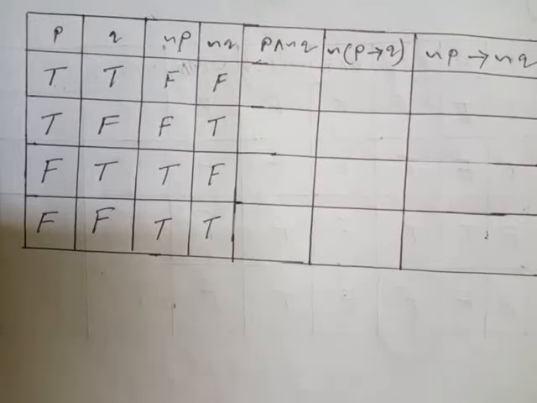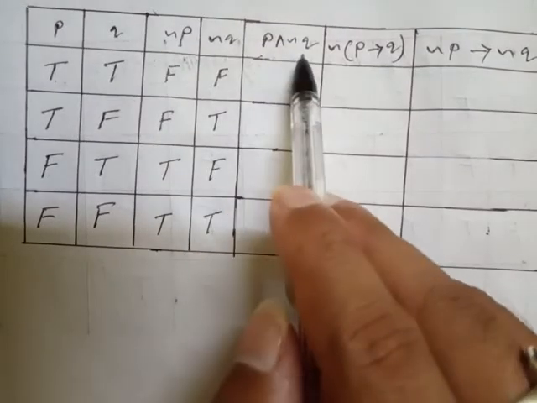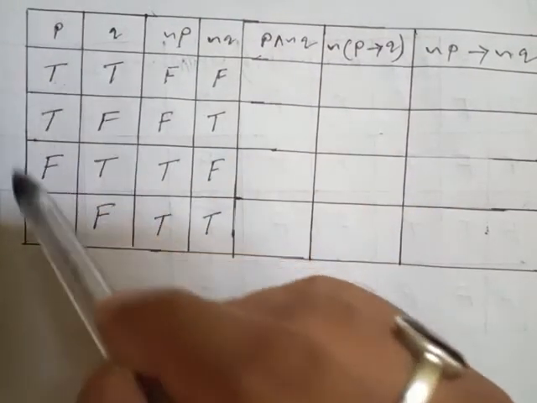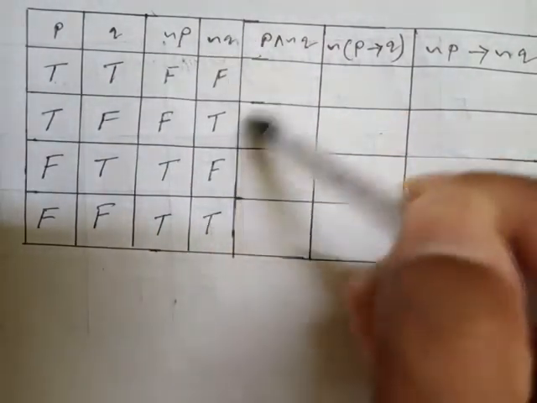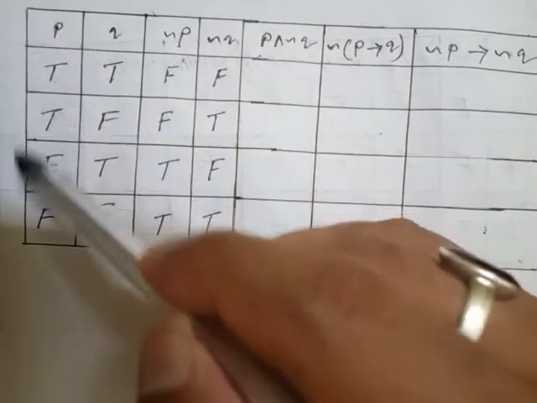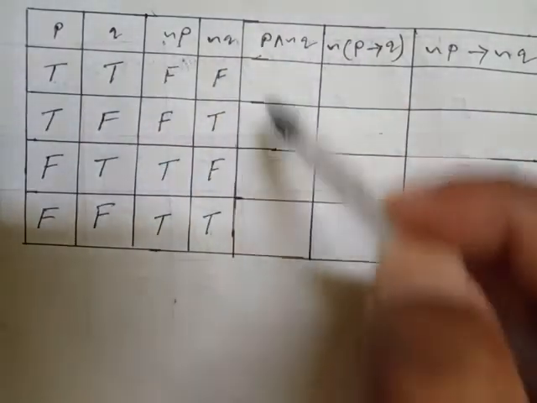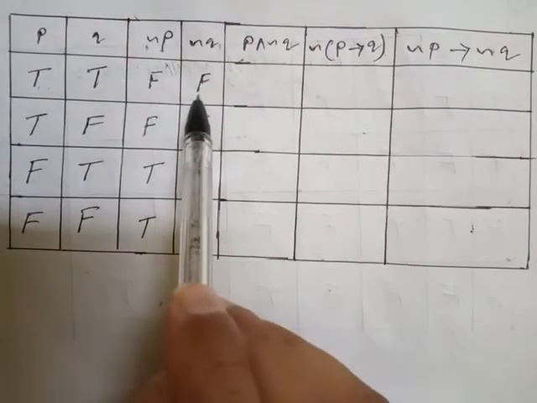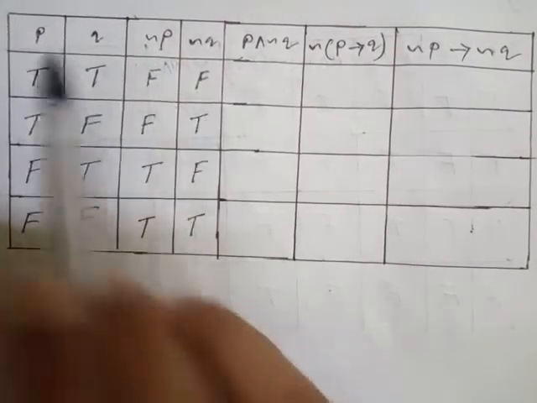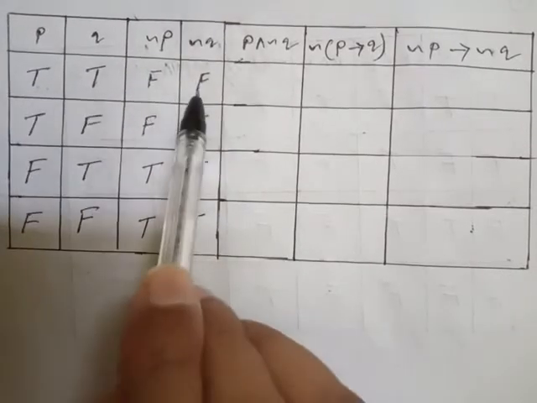Now next one, we need to find out the conjunction between P and not Q, which means between P, this statement, and not Q, this statement. Now look student, P conjunction not Q. This is the statement of P and this is not Q. P and not Q conjunction, true false.